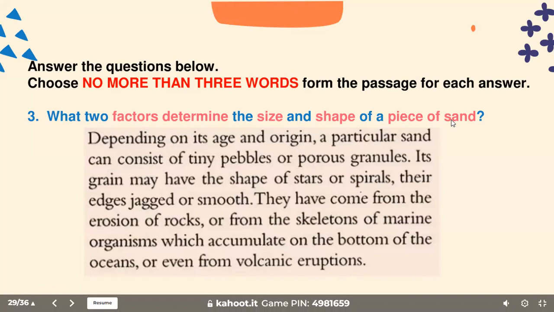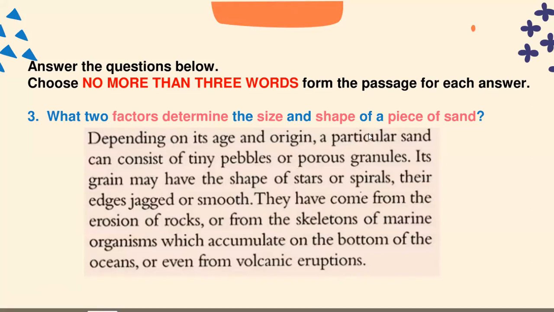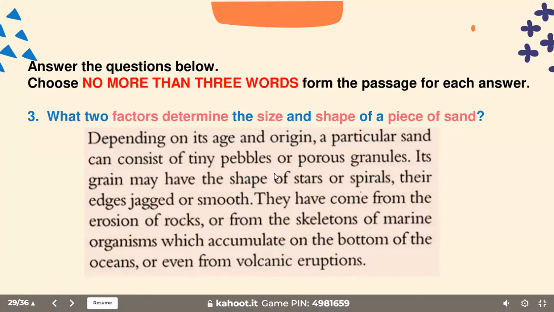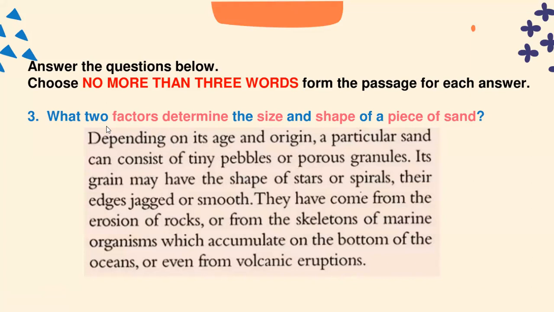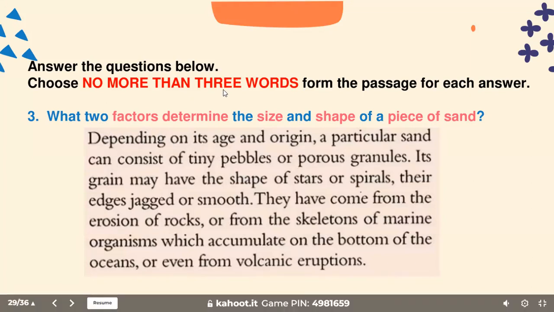So I will not talk. I would like you to read the paragraph, try to find the keywords, and then read around them to come up with these two factors. I told you the word two, it could be and, it could be both, it could be something like this.